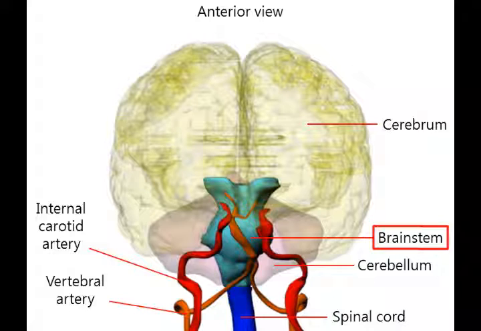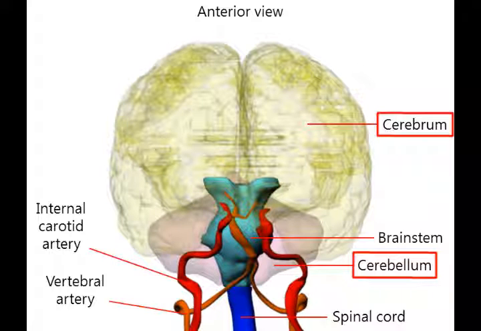The brainstem is easily seen once the cerebrum and cerebellum become transparent. Do you know the difference between the vegetative state and brain death?